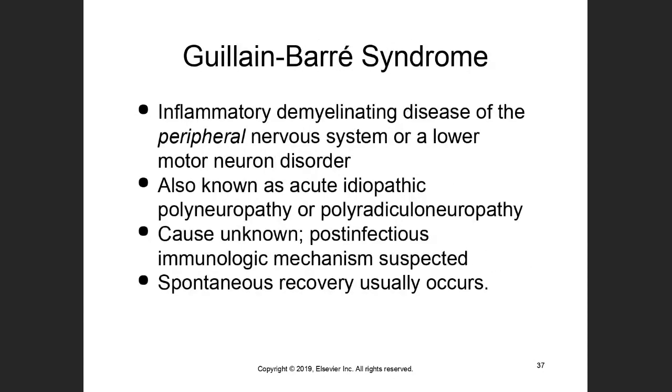Guillain-Barré is an inflammatory demyelinating disease of the peripheral nervous system or a lower motor neuron disorder, also known as acute idiopathic polyradiculoneuropathy. Cause unknown, infections and immunologic mechanisms suspected, spontaneous recovery usually occurs.